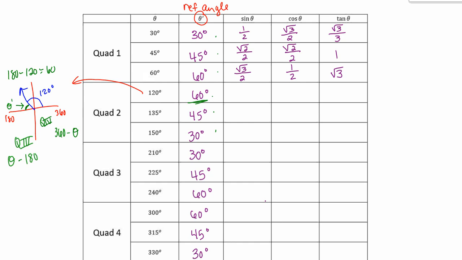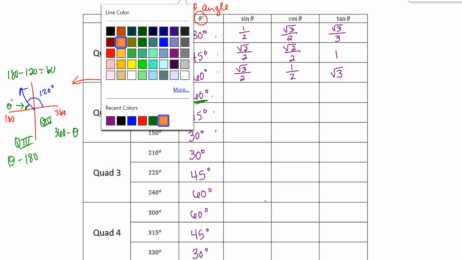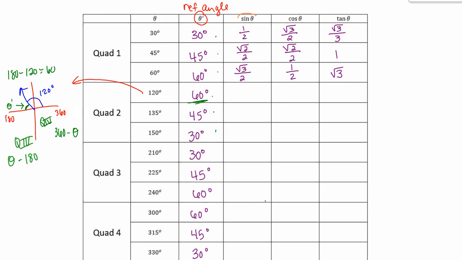Now the importance of those is that when you want to find trig functions of any angle, it all relies on these values right here and the angles that go with them. If an angle has a reference angle of 30, then its sine is going to be either a positive or negative 1/2.